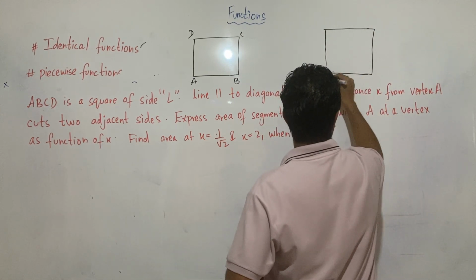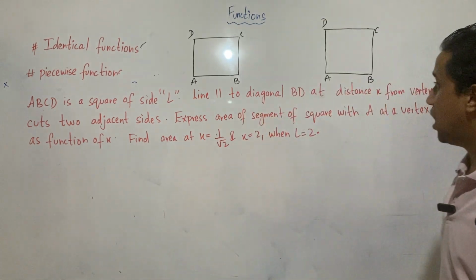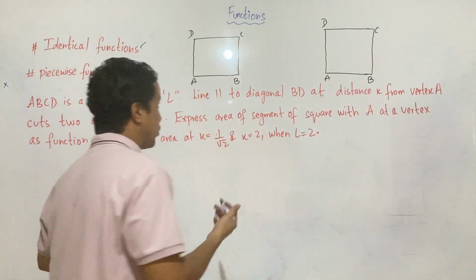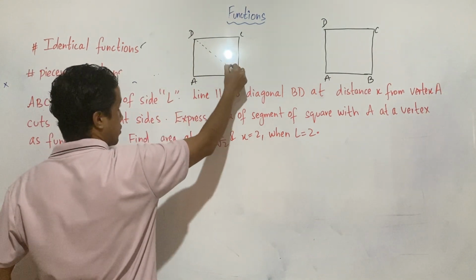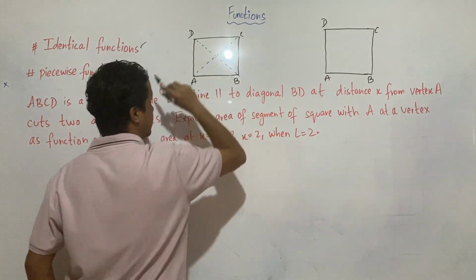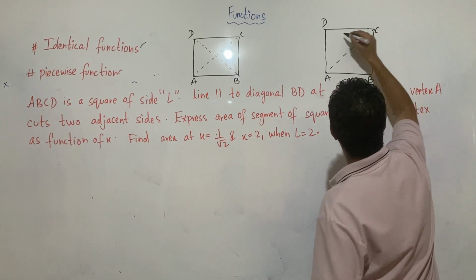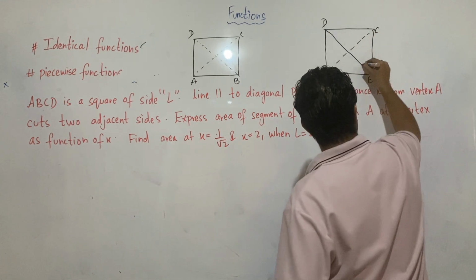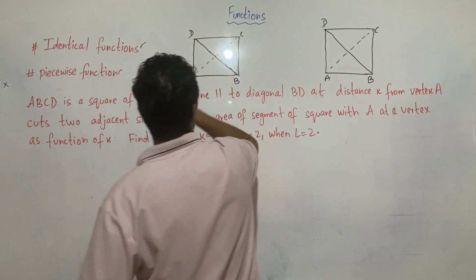So here we have to think of two cases. Now we know that the diagonals of the square make 90 degrees at the center, right? But BD is given, that's why BD is solid.